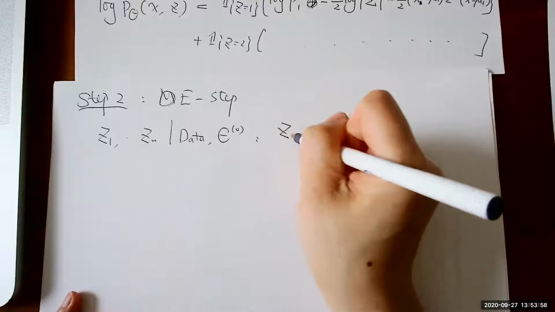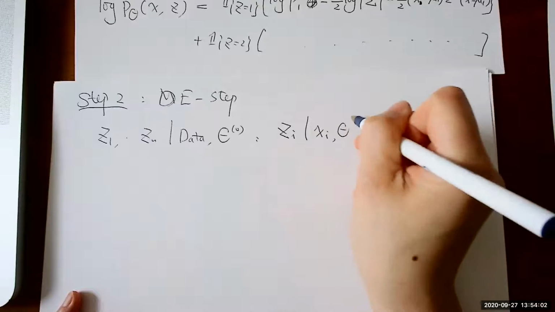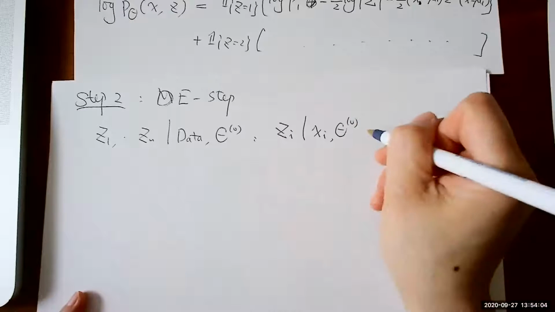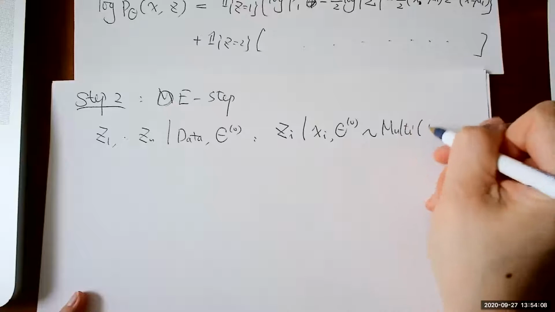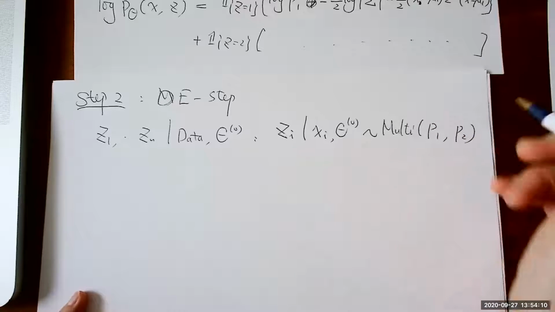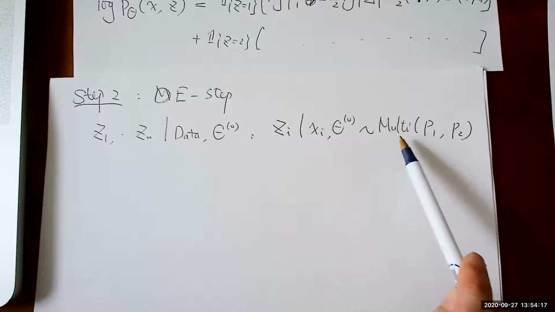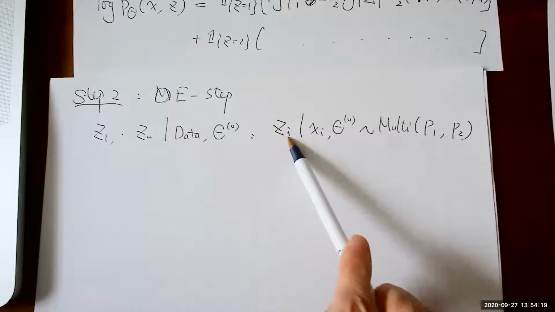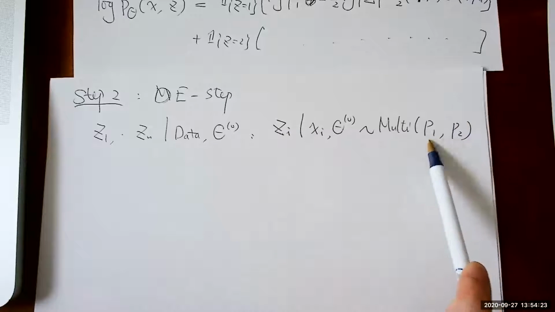So each zi, given xi and some initial value of the parameters, actually follows a multinomial with probabilities P1, P2. I didn't say Bernoulli because by Bernoulli we often assume the outcome is 0 or 1. Multinomial means this random variable can take 2 different values, 1 or 2, with probability P1 or P2.